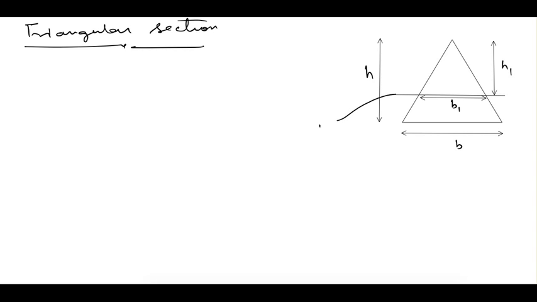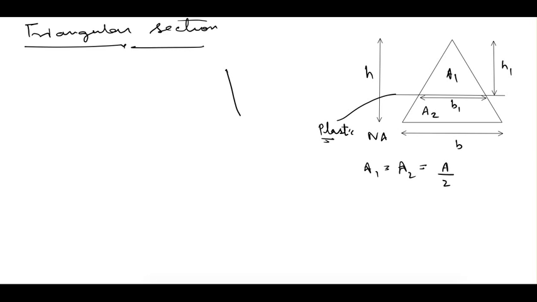So this neutral axis I have shown is the plastic neutral axis. If the area above this neutral axis is A1, and below is A2, then A1 is equal to A2 and it is equal to total area by 2. That's how this plastic neutral axis is defined.